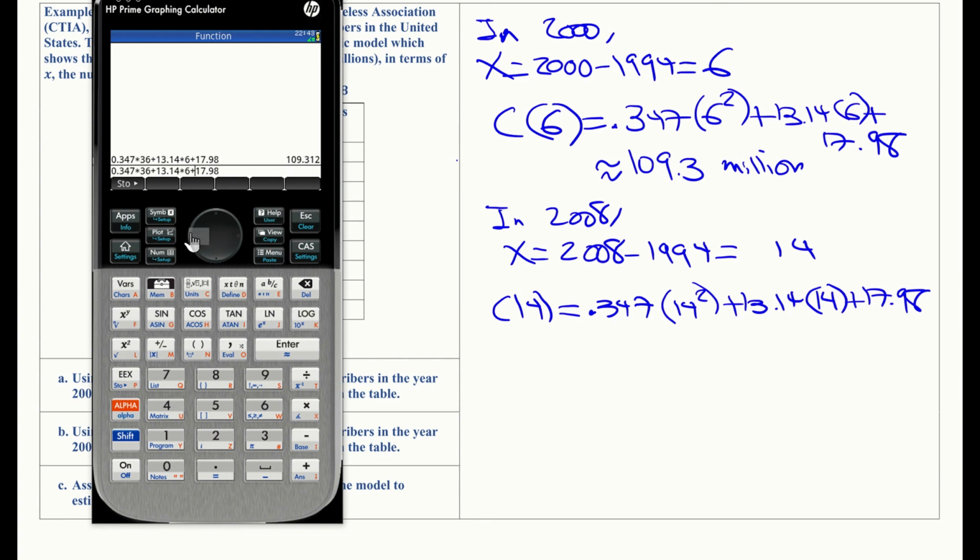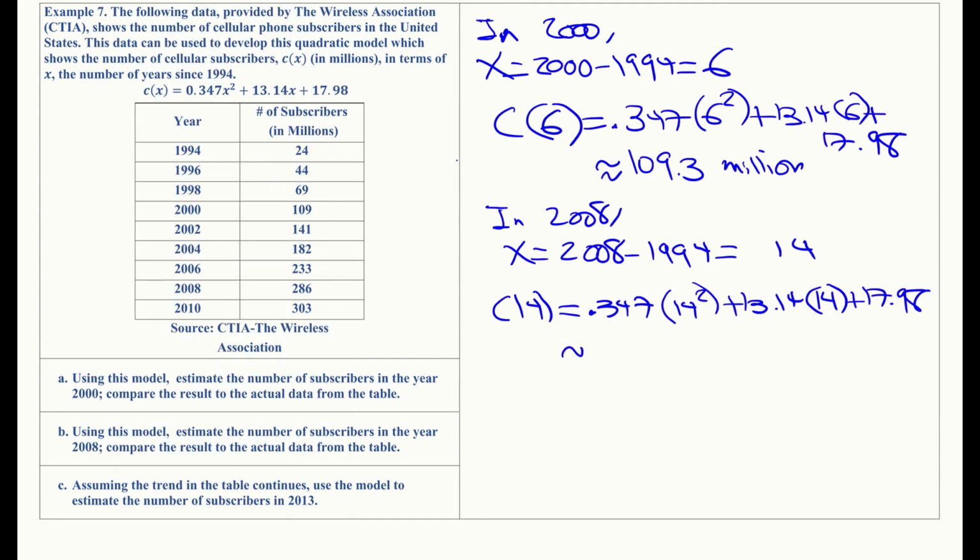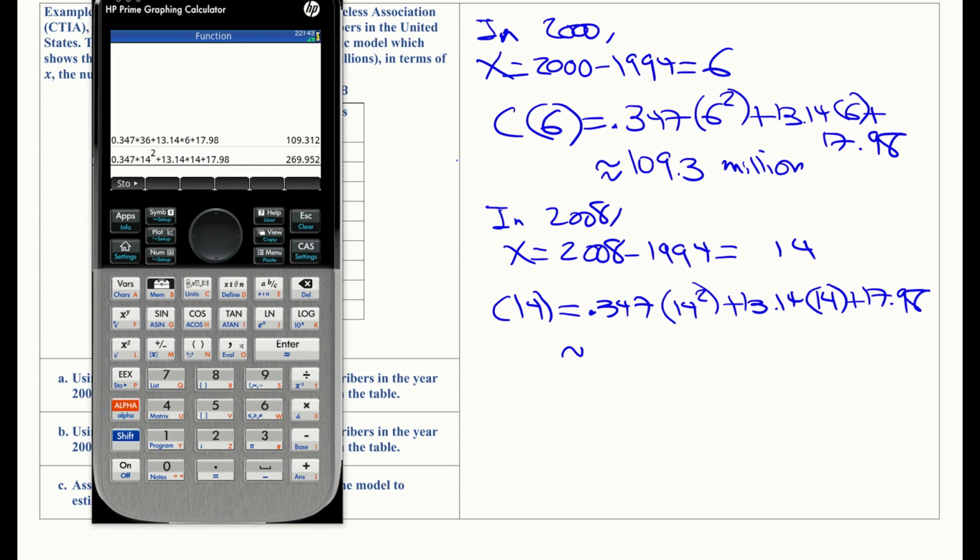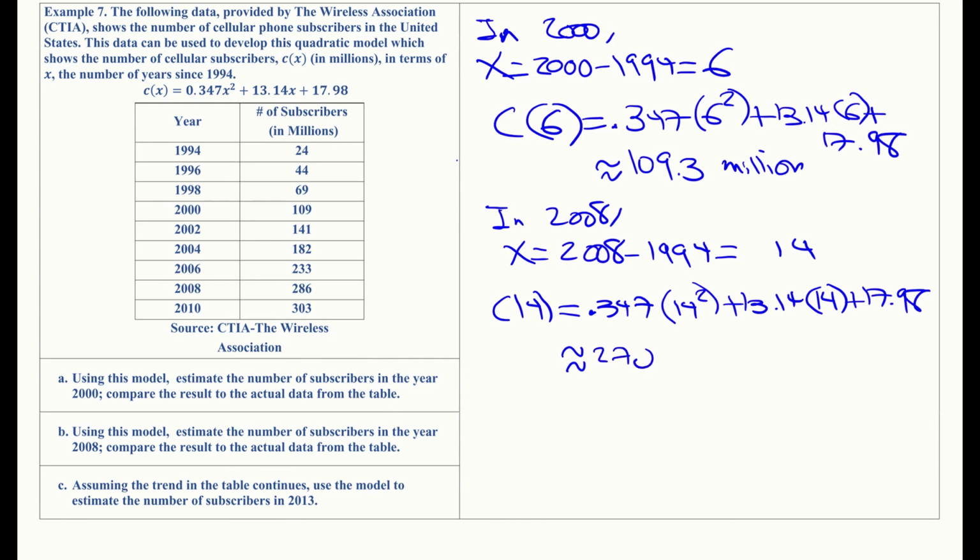So we can go to 36 and replace it with 14 squared, and we can go to the 6 here and replace it with 14 and then hit enter, and we get approximately 270 million, right?